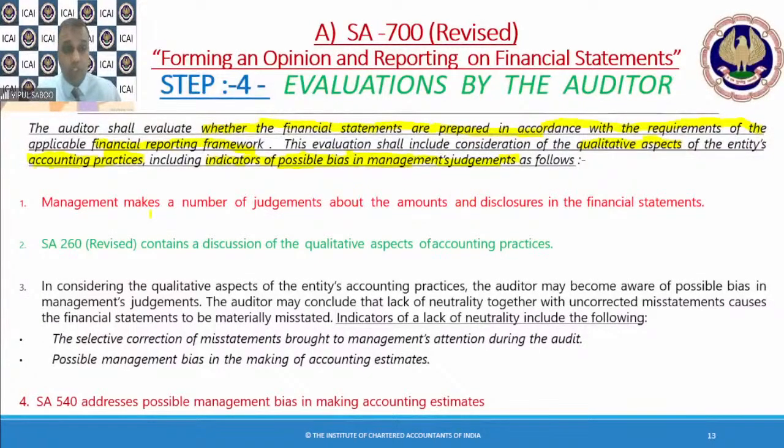So what does the auditor need to evaluate? Management makes a number of judgments about the amounts and disclosures in the financial statements. The management doesn't want to disclose a particular subsequent event in notes to the financial statements. A major loss, a major fire. This is management's bias in judgment. Or the amount of compensation the company will be giving to the other party as a result of a legal case lost by the company.